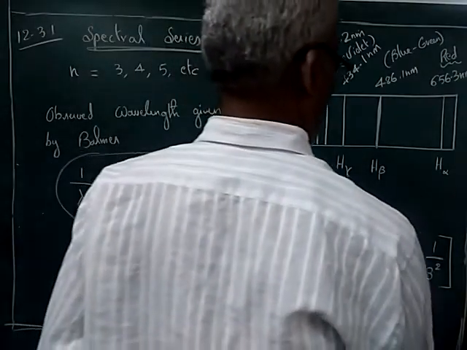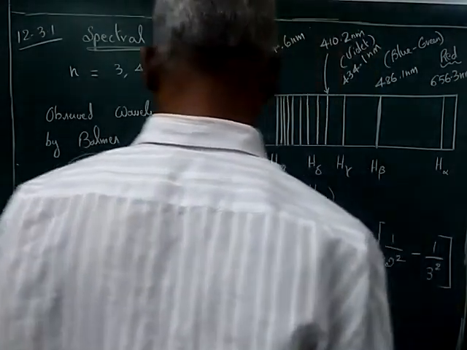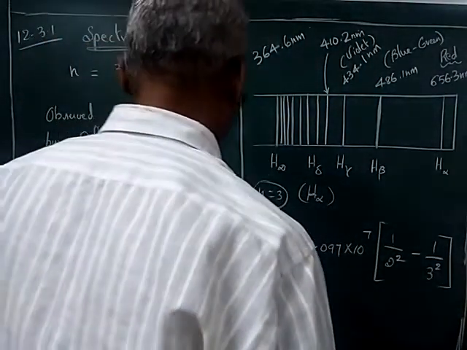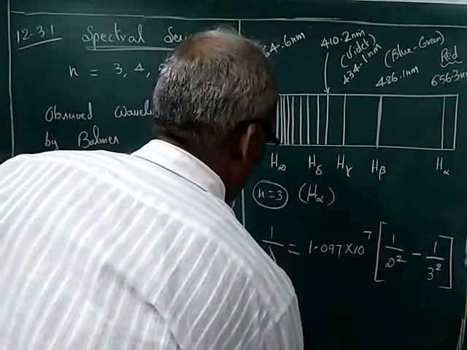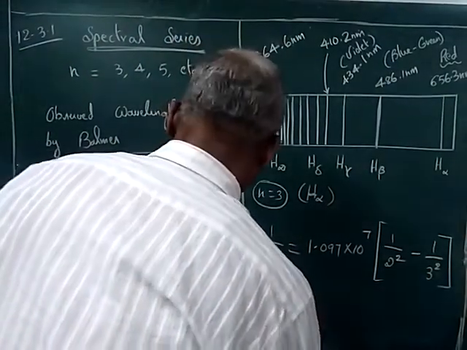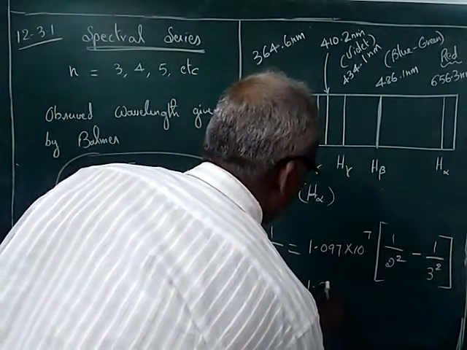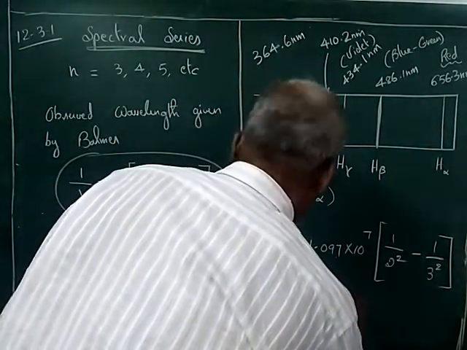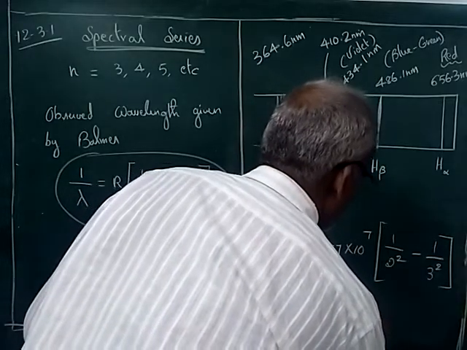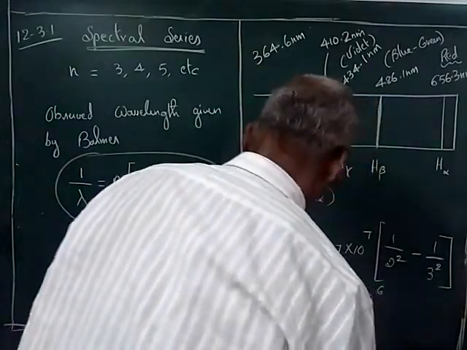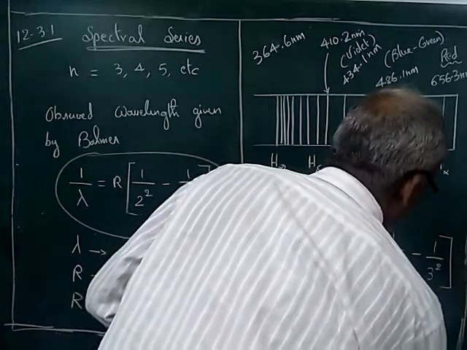So this will be 1 by 4 minus 1 by 9, and after simplification you will get 1 by lambda equal to 1.522 into 10 power 6 meter power minus 1.